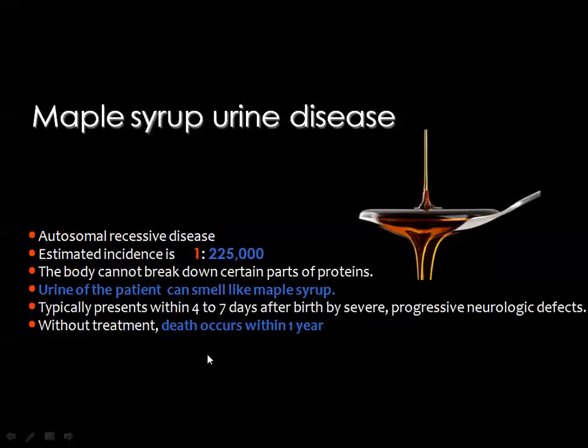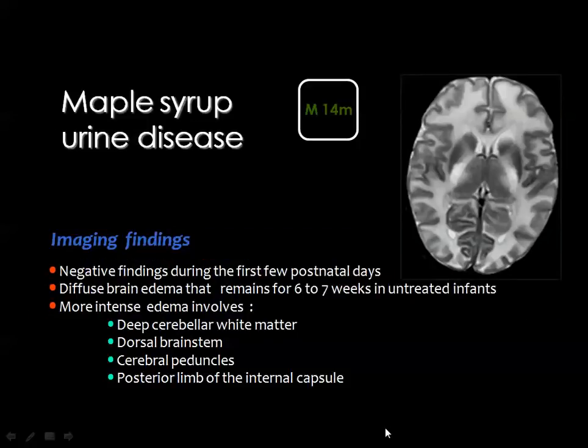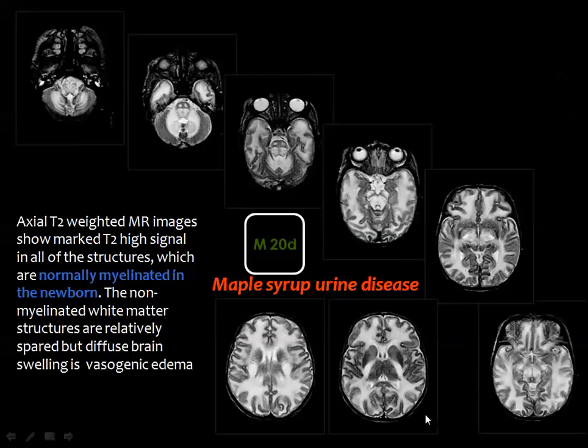Without treatment, the patient will die within 1 year, and the main manifestations in imaging in these patients are just the diffuse brain edema affecting the cerebellar white matter, the brainstem, cerebral peduncles, and the posterior limb of the internal capsule.